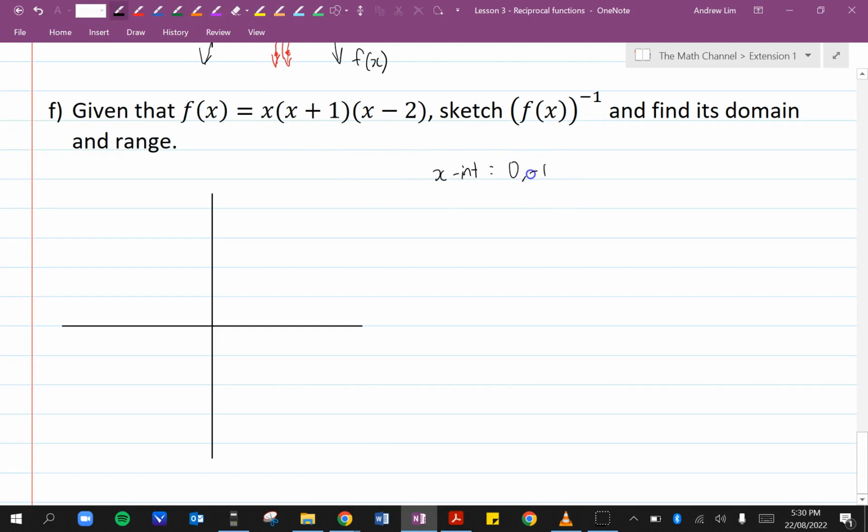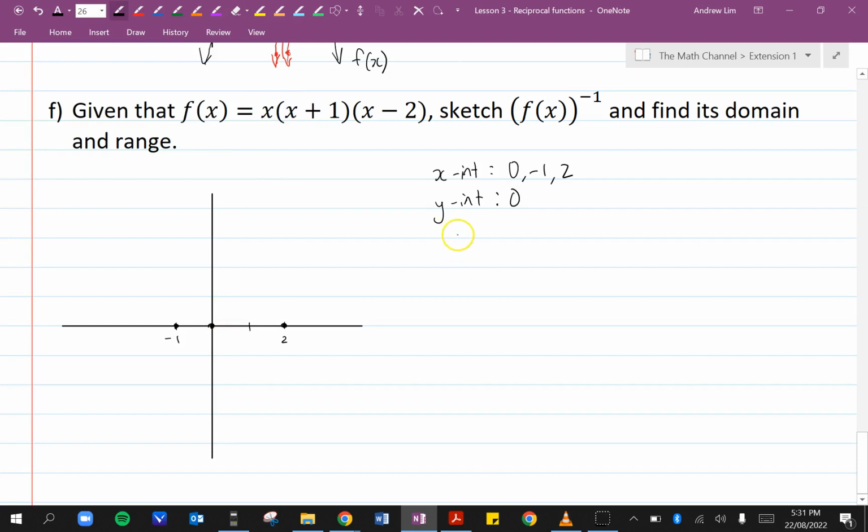So we've got 0, minus 1, and 2. They are our x-intercepts. Our y-intercept is when x is equal to 0, which we can see is just 0, because 0 times all of those will be 0. And that's pretty much it.